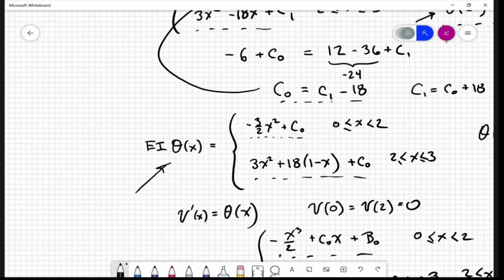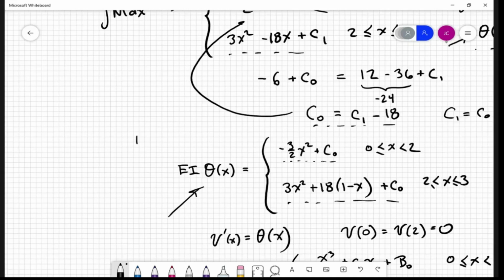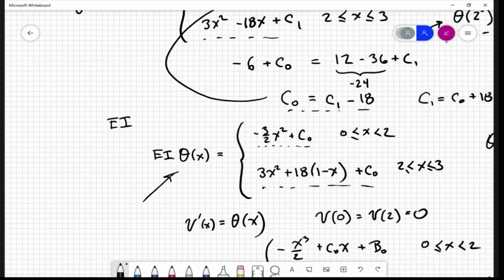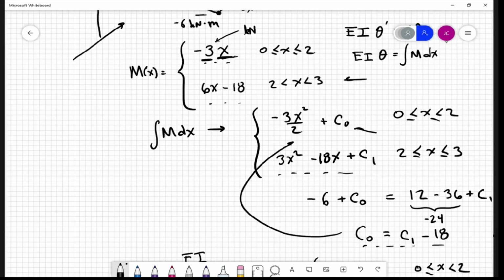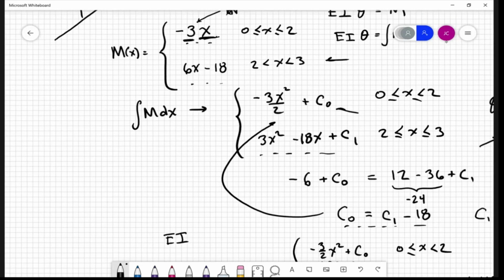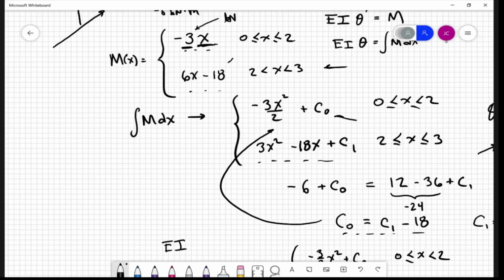Well, okay. So EI is out in front of all that stuff. So wait, so moments we're here. So here we're kilonewtons, right? The 18 here is kilonewton meters, right? This again is kilonewtons, right?